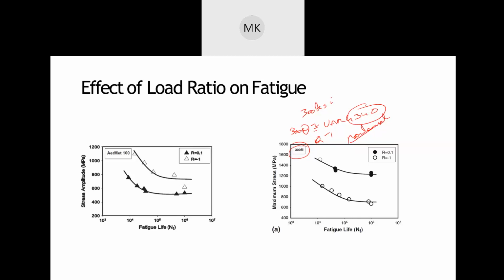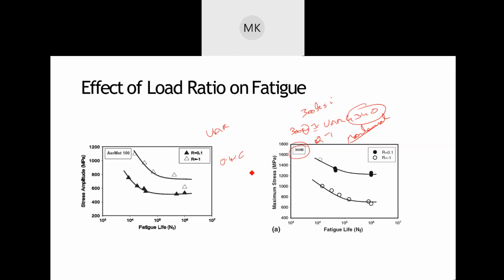And you have 300 ksi, which is double that of just an annealed material. So AerMet 100 is a little different from 300M. Again, it is processed in VAR, vacuum arc remelting, and it has the same 0.4% carbon in it, but it has other things, and the processing makes it a little different.